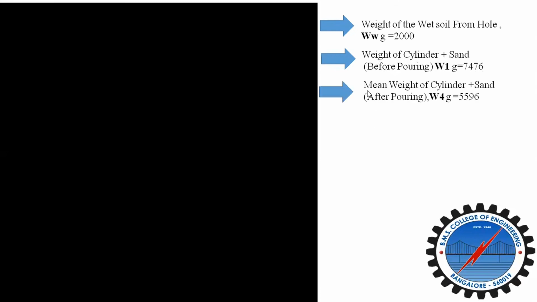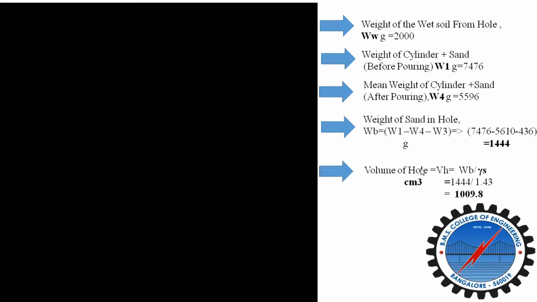Weight of the wet soil from the hole, Ww, is 2000 gram. Weight of the cylinder plus sand before pouring, W1, is 7476. Weight of the cylinder plus sand after pouring into the hole, W4, is 5596. Weight of the sand in the hole, Wb, that is W1 minus W4 minus W3, gives you 1444 gram.